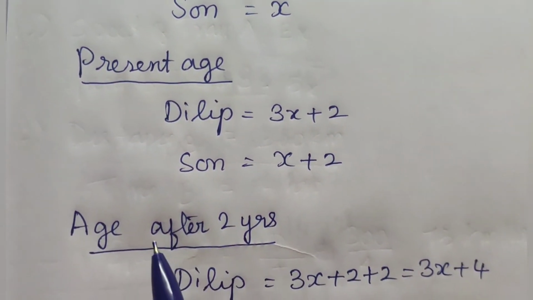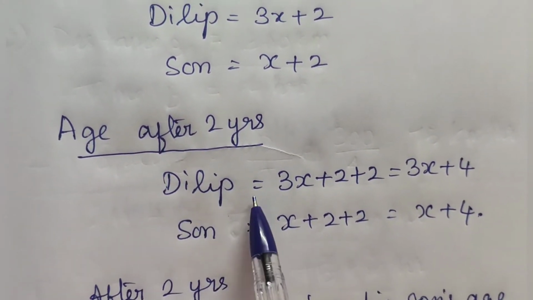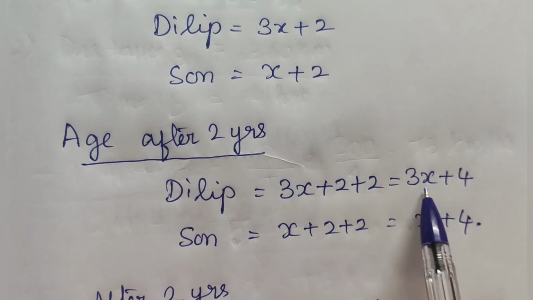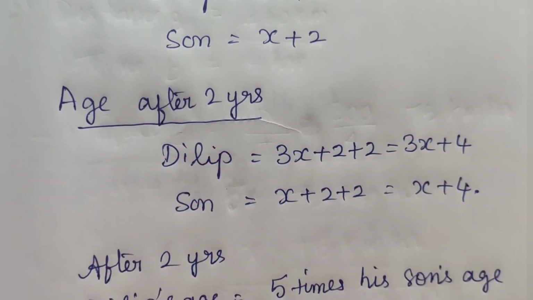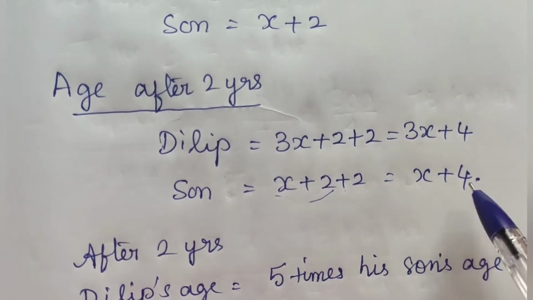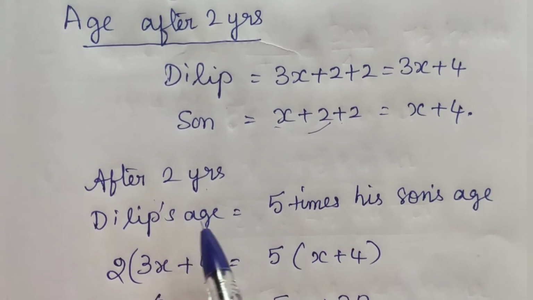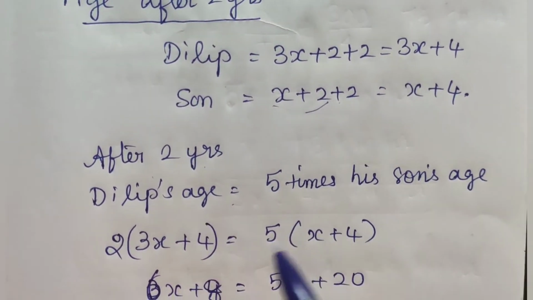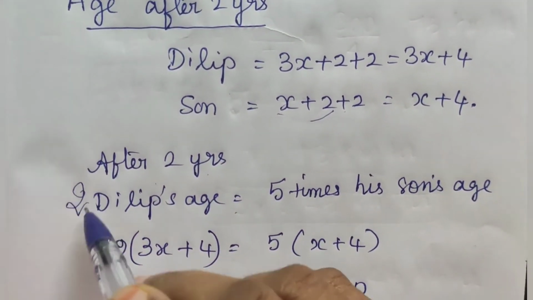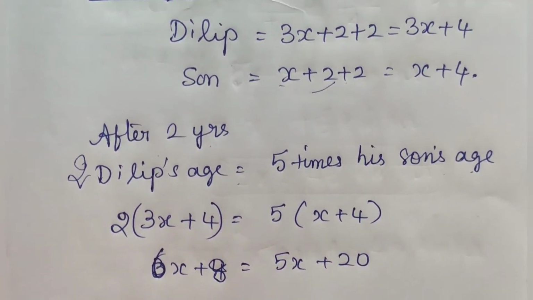After 2 years, age after 2 years, present age plus 2. Dilip's age is equal to 3x plus 2 plus 2, 3x plus 4. Son's age is x plus 2, the son's present age, again plus 2, x plus 4. After 2 years, they say twice Dilip's age is equal to 5 times his son's age.